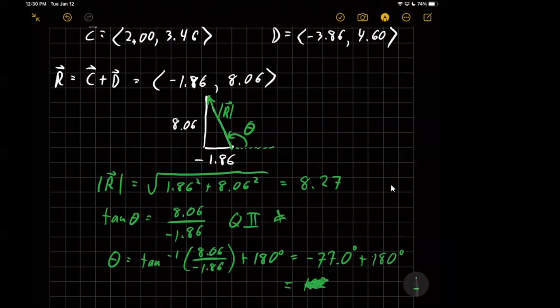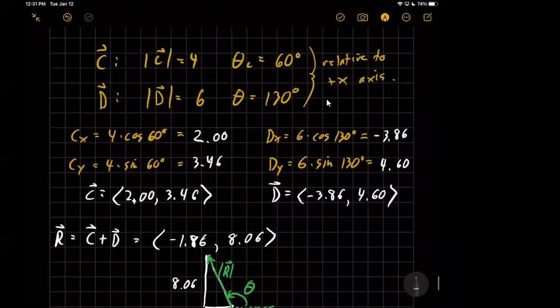I should probably call that 103 degrees. Okay, so the magnitude of the answer is 8.27, and the direction of the answer is 103 degrees. Remember, if that had been in quadrant 1 or quadrant 4, I wouldn't need to make any adjustments to the angle, but if it's quadrant 2 or quadrant 3, you need to add 180 degrees to your answer to get the right answer. So that's how you do vector addition when you have a magnitude and direction of two vectors given.